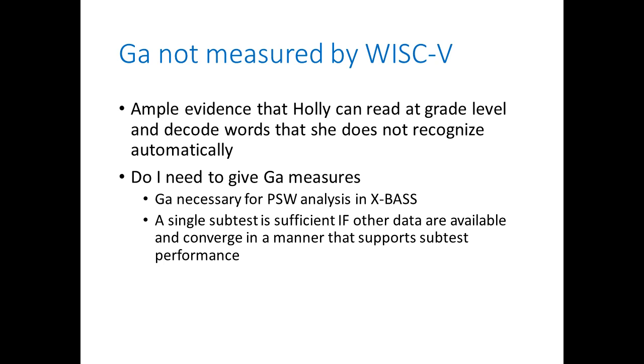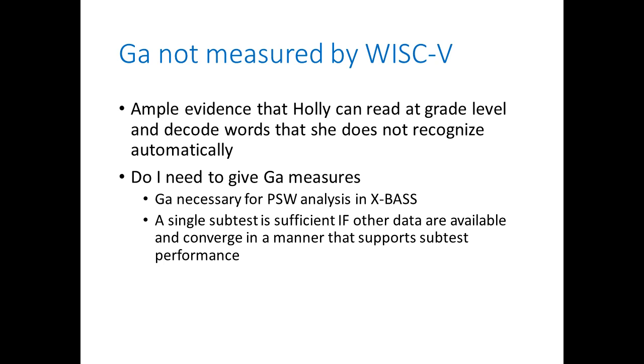Now GA. Do we need to measure GA, auditory processing? Well, remember, the way in which we measure it is usually phonetic coding, and we know that Holly does not have difficulties with reading. She reads at grade level. She can decode words that she doesn't recognize automatically. We know that. So do I need to give a GA measure?